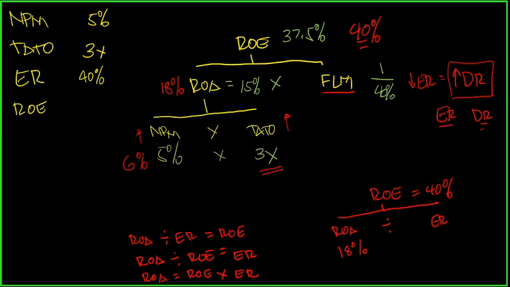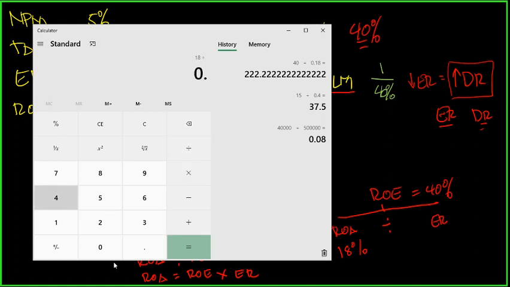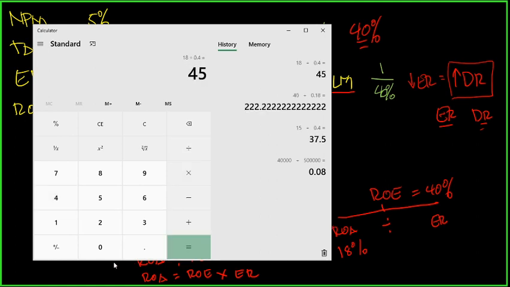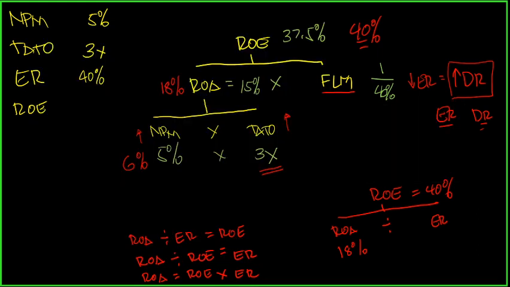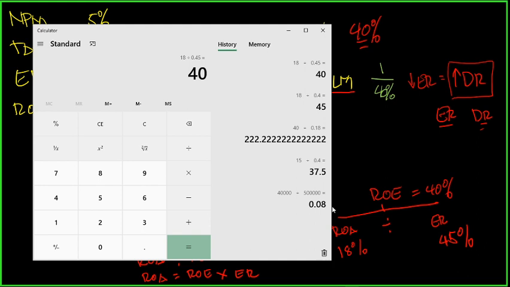Okay, let's try to do that. 18 divided by 40% equals, your equity ratio should be 45%. So, let's try to check if our answer is correct. 18% divided by 0.45, and it should give us 40%.